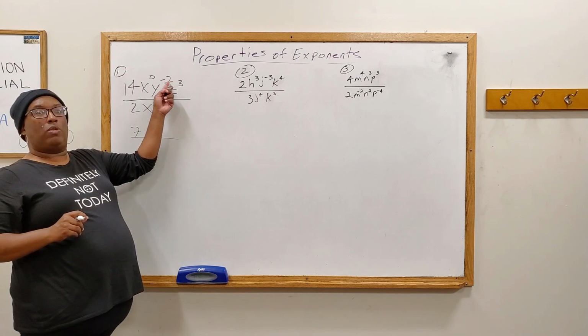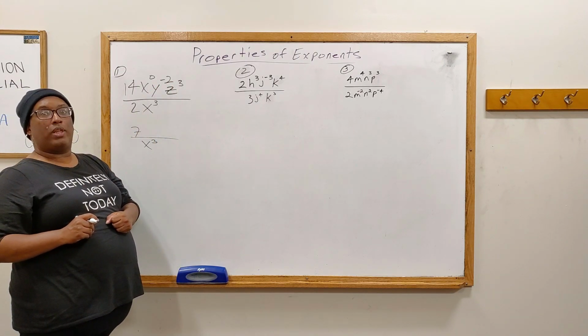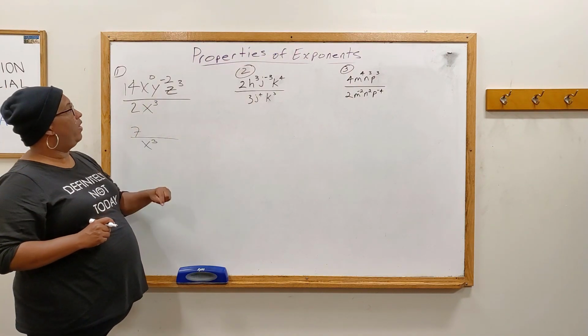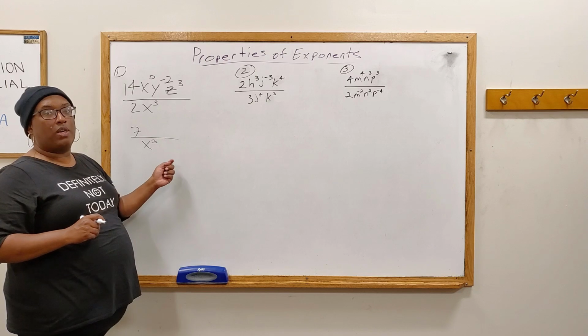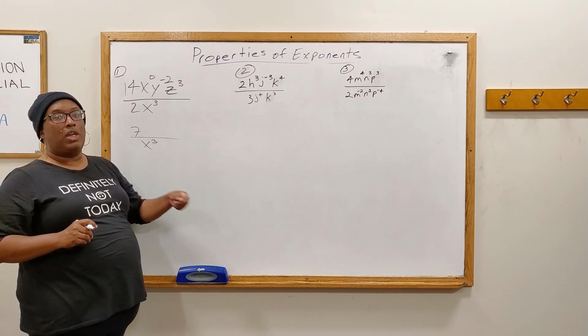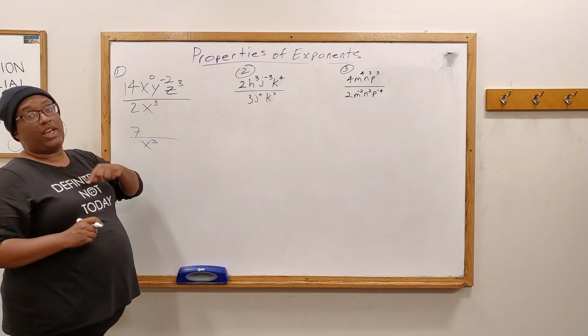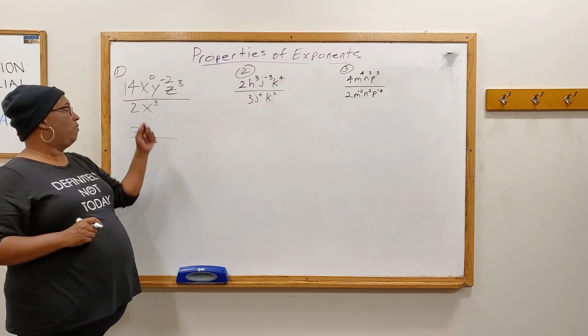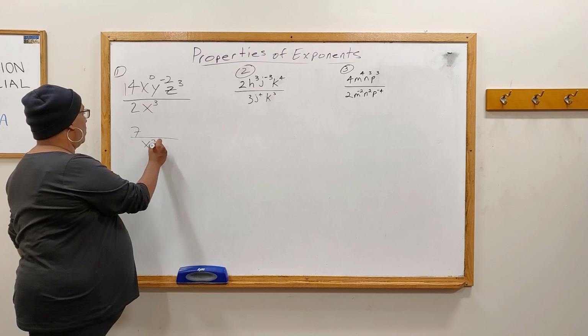Y to the negative 2, when we have a negative exponent, the negative tells you to move it. If it's on the top, I move it to the bottom. If it's a negative on the bottom, I'll move it to the top and change the sign. So y to the negative 2 comes down as y squared.